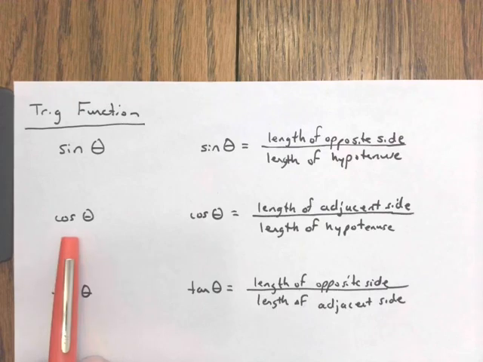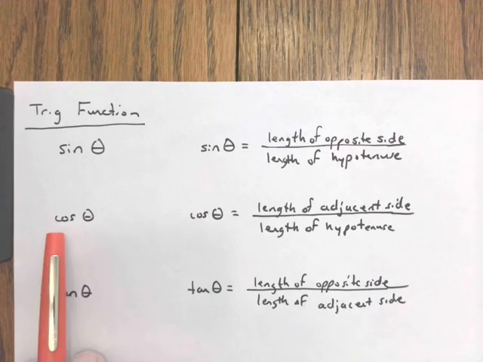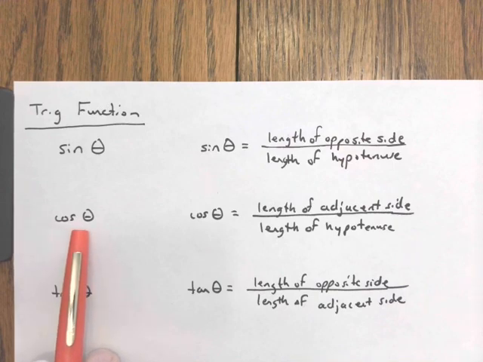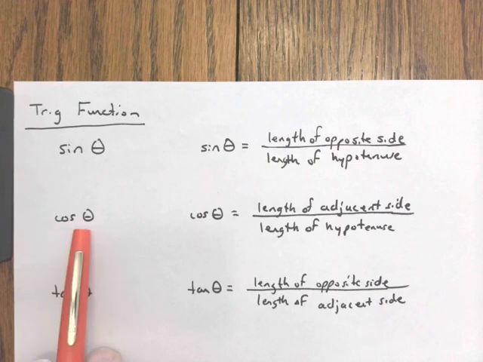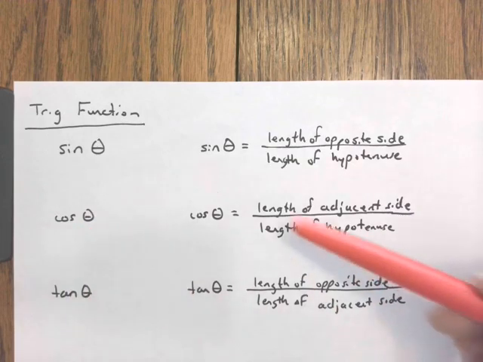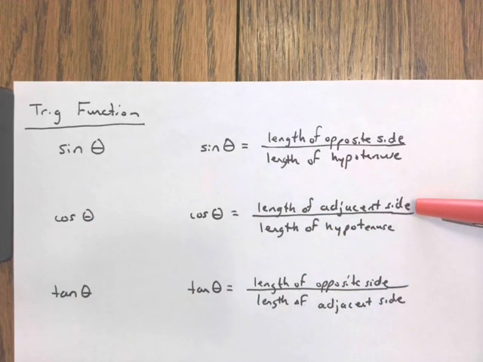Cosine is another one of those main three trigonometric functions. It's spelled C-O-S-I-N-E, but we just use the first three letters, C-O-S. So the cosine of theta is the length of the adjacent side divided by the length of the hypotenuse.